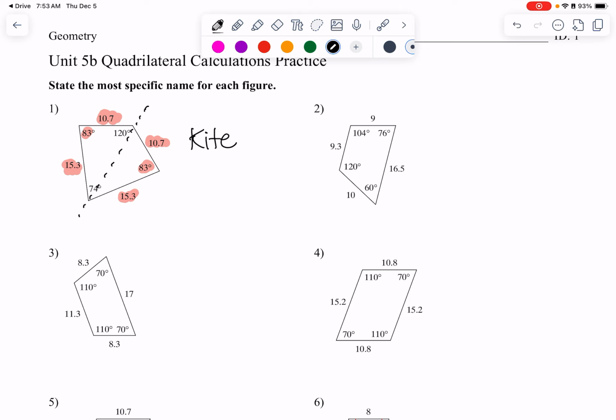All right, now for this next one, I don't see anything the same. So you could assume maybe it's just a quadrilateral, but it does kind of look like there's a U-turn.